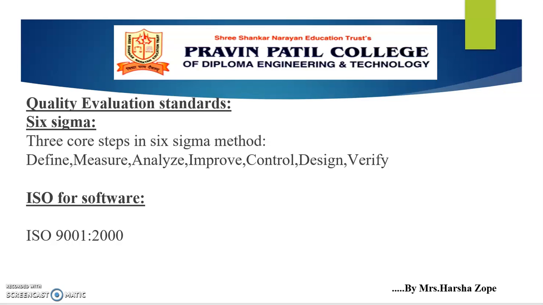Analyze: in this phase, defect metrics are analyzed in order to determine the few causes. Improve: by eliminating the root causes of defects, the process can be improved. Then control: the process can be controlled in such a way that the causes of defects cannot be reintroduced.